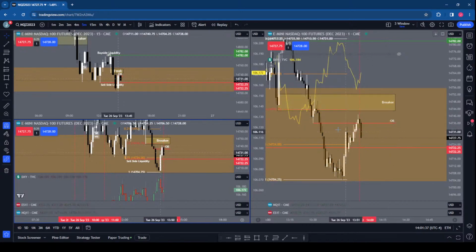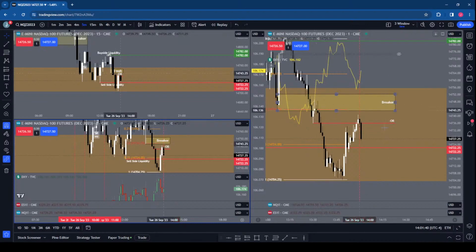It's very well we could just stop here because we're hitting that order block, which is these two up close candles.